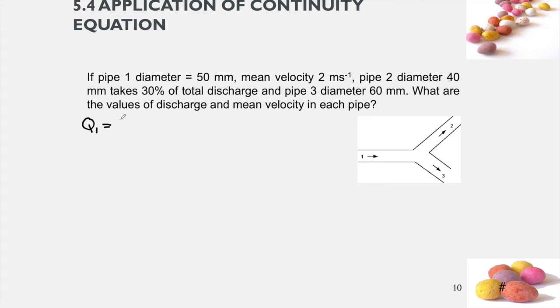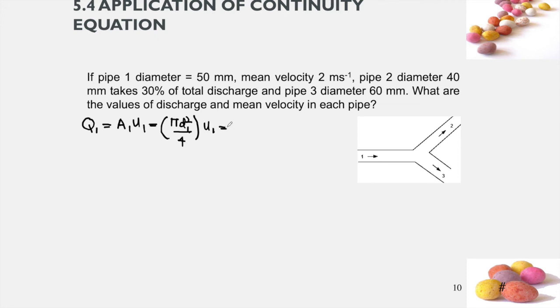So let's calculate the discharge rate at point 1. Discharge is A1 times U1. A1 is pi d squared over 4, so this is diameter 1, times velocity 1.